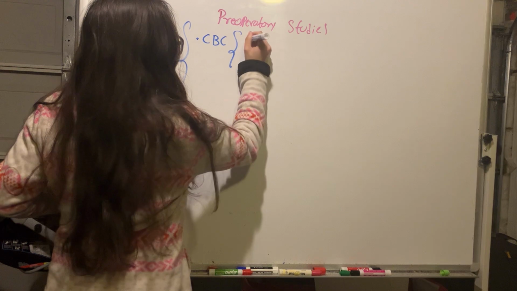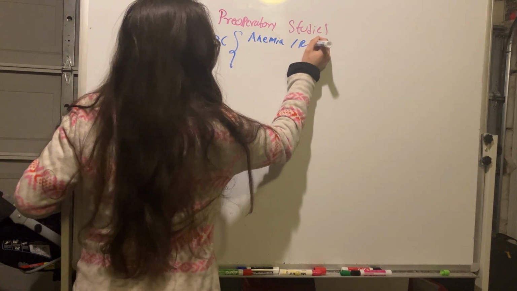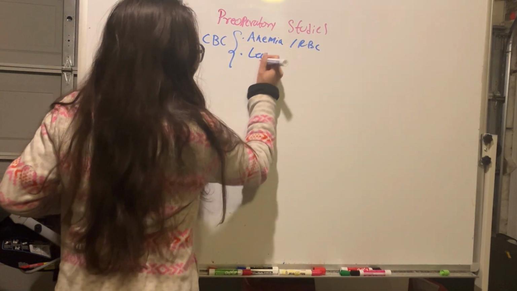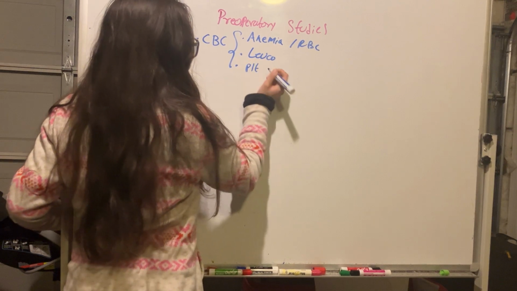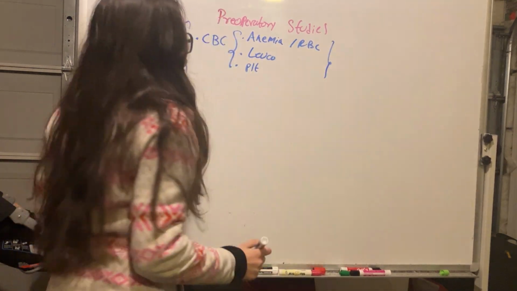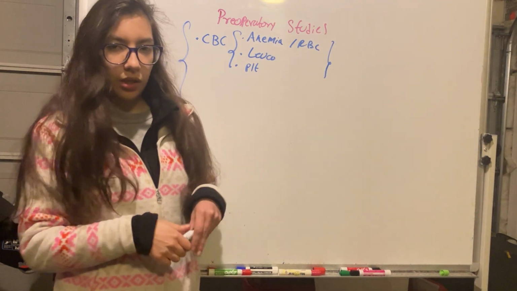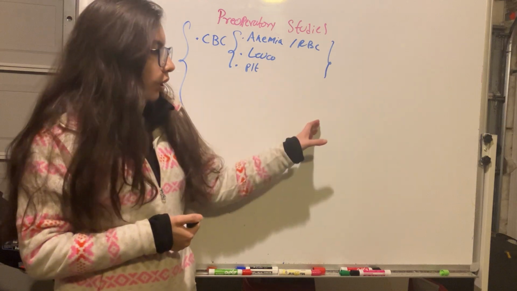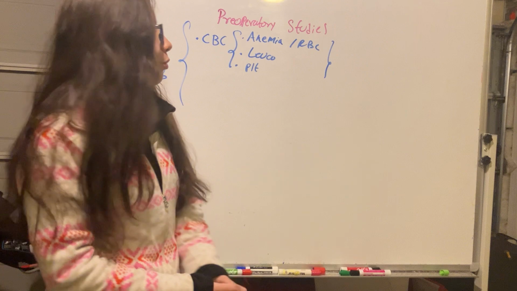This is to evaluate for anemia, so evaluate red blood cells, and evaluate for any possible infection, so leukocyte count, and platelets. This is because of the risk of bleeding during or after cardiac surgery, and also because of one of the complications of heparin, which is heparin-induced thrombocytopenia.